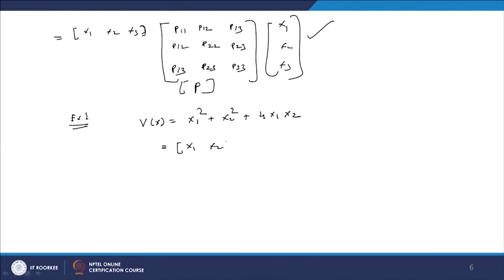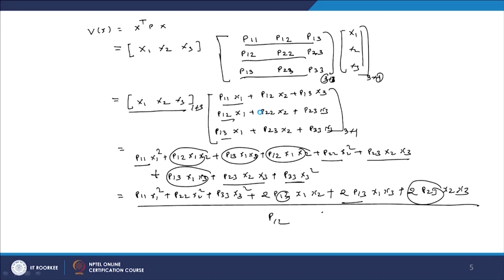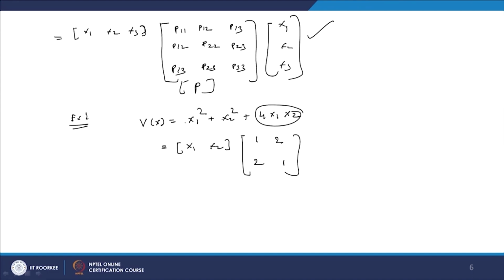x1 x2, and now write the elements. You see the elements P11 and P22 here are 1 and 1, and for the x1 x2 term the elements we can write as 2 and 2. How to do this? It is 4, and dividing it gives 2 and 2, just like here it is 2 P12, so we have written P12 and P12.